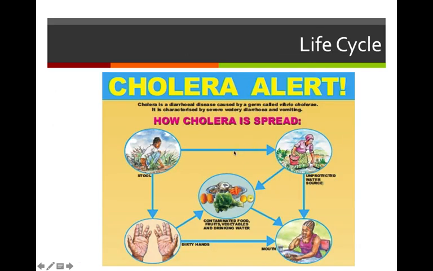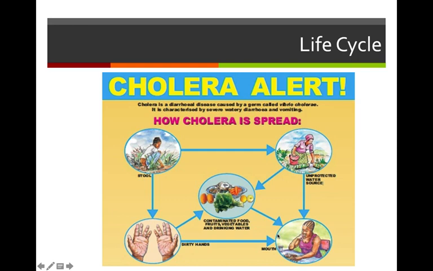So again, cholera is mostly spread because people defecate and that feces gets into a water source, an untreated water source. The water is then consumed as drinking water, perhaps used to wash fruits and vegetables, or if people defecate and don't wash their hands and then prepare food or touch other things.